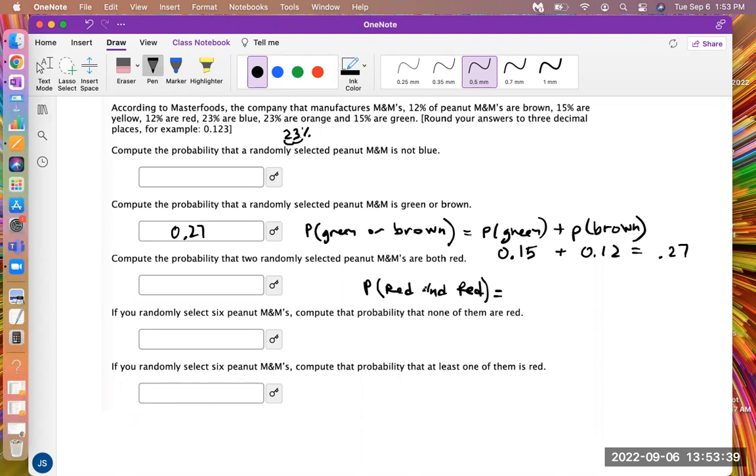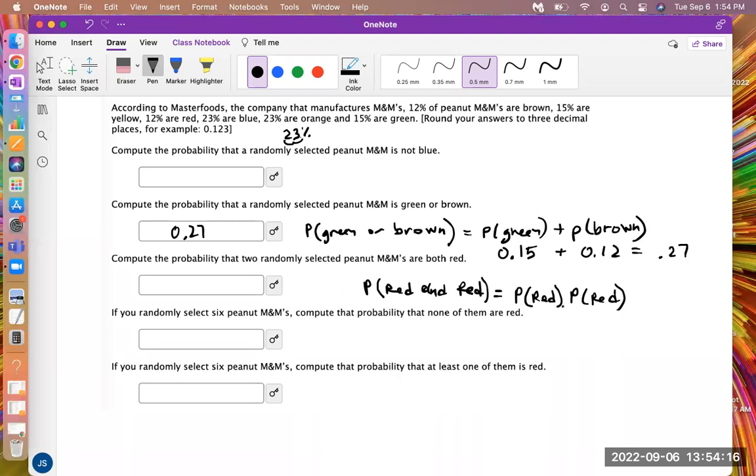So this formula has you, whenever you want two events to occur, multiply the probability of the first one being red times the probability of the second one being red. This formula will work if the two events are independent, meaning that if the first event occurs, it doesn't affect the probability of the second event happening. And if we're replacing the M&Ms, then they're independent events.